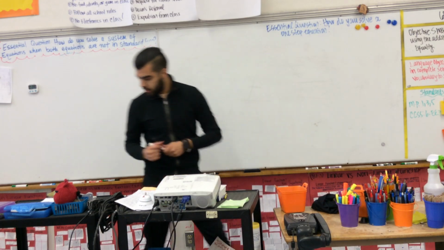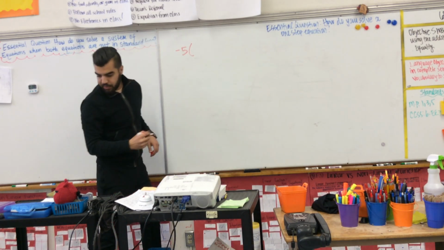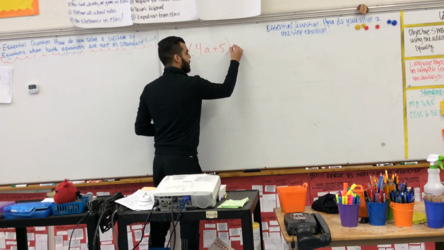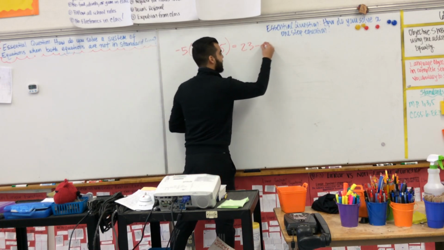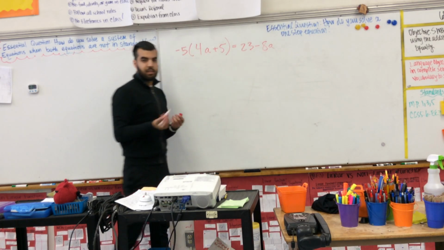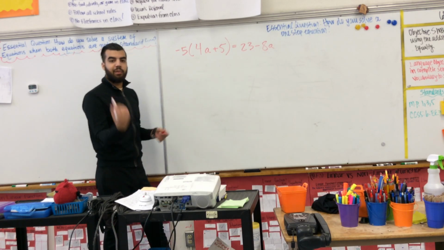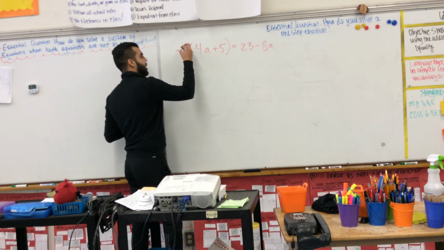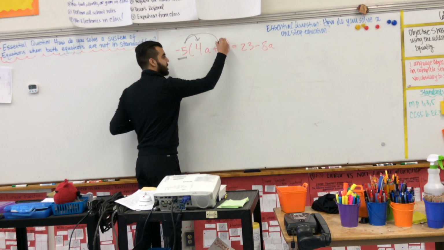So the second one says this. We have negative 5 times (4a plus 5) equals 23 minus 8a. So again, just like the first problem, we need to get rid of the parentheses, and we use distributive property. So we're going to go ahead and multiply this negative 5 times everything inside the parentheses.